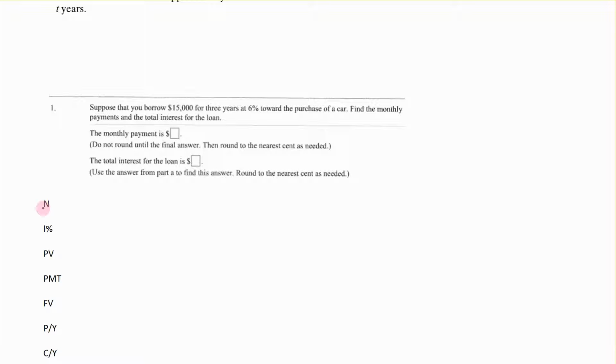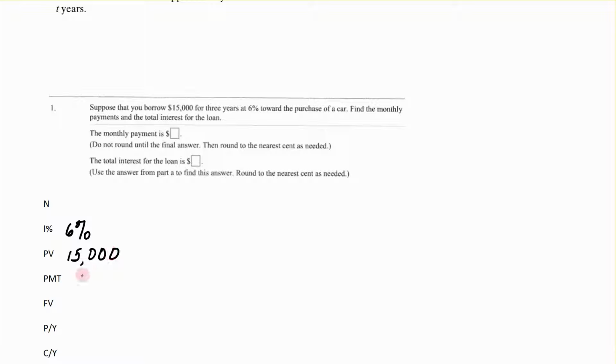And let's see. The interest rate is 6%. The present value is $15,000. If you want to, you can put it as a negative. If you put it as a negative, your payments will be positive. If you put it as a positive, your payments will be negative because they're trying to work against each other.